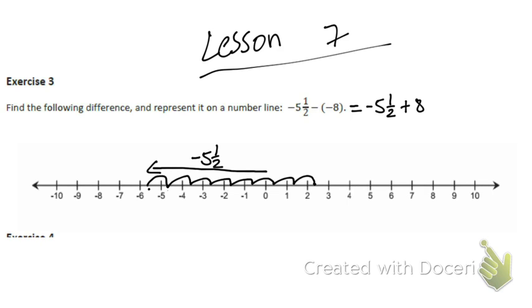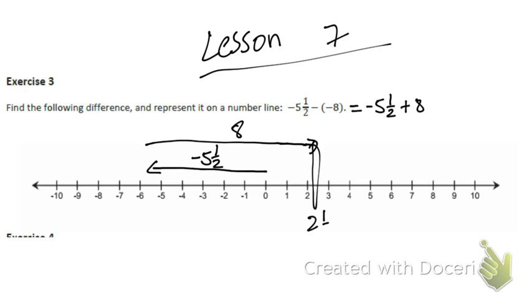And we go over 8, we'll end up right there in between 2 and 3. So our answer is 2.5.